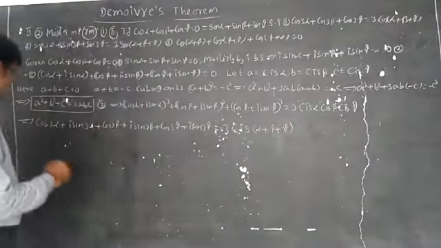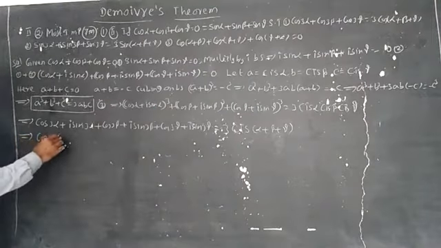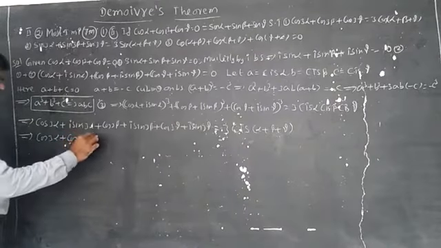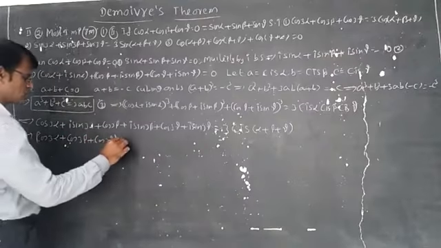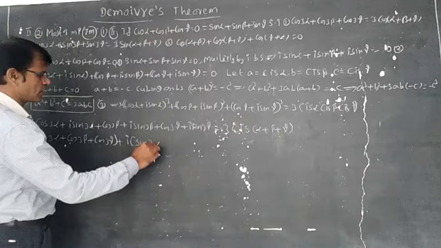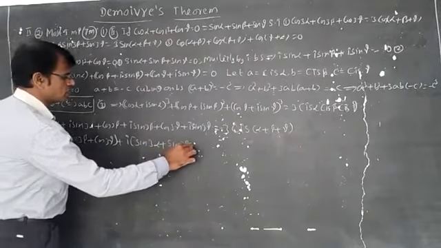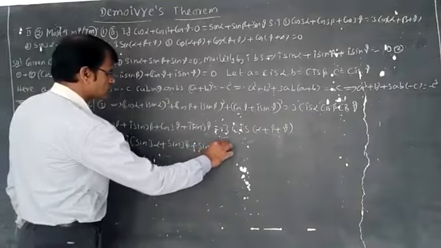Next step, we can write, taking the real parts as a group, cos 3 alpha plus cos 3 beta plus cos 3 gamma, plus i taken common, and within brackets sin 3 alpha plus sin 3 beta plus sin 3 gamma.